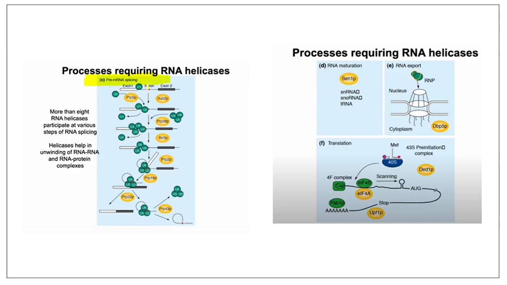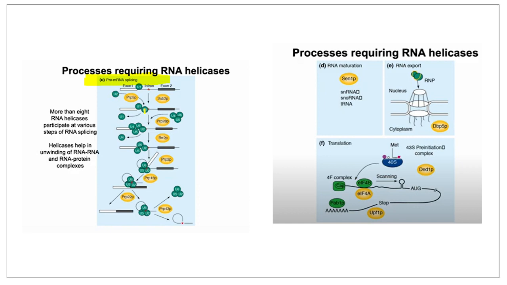So this is your exon, intron is there, and this is the splicing that happens. In this splicing event, more than 8 RNA helicases participate at various steps of RNA splicing. You can see these are the RNA helicases, the yellow ones. Helicases help in unwinding of RNA and RNA-protein complexes.